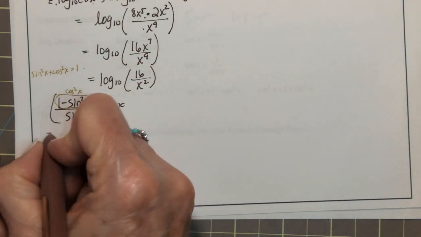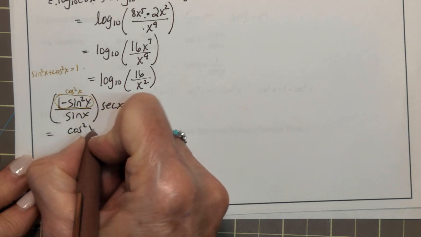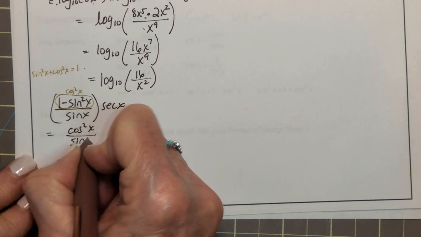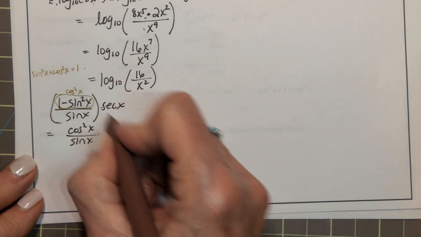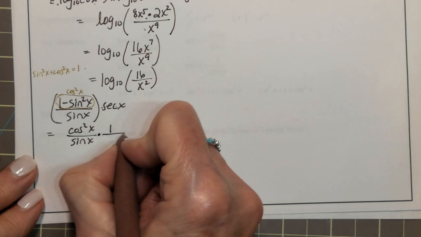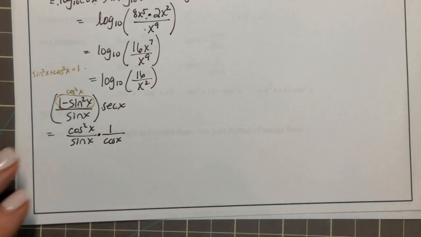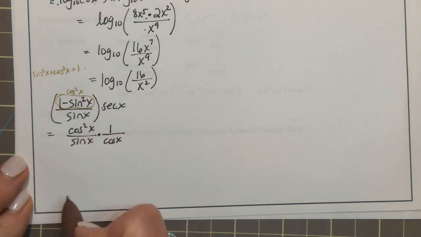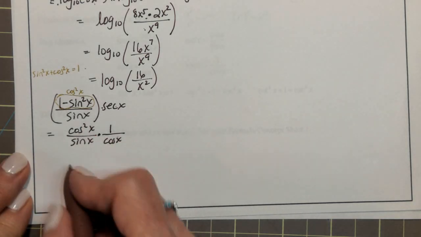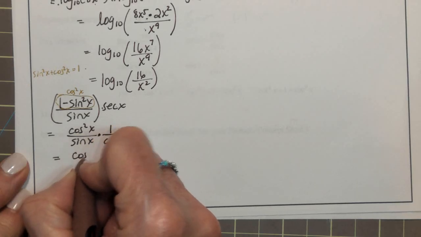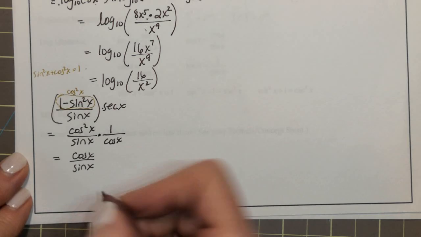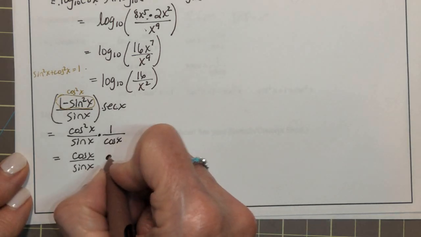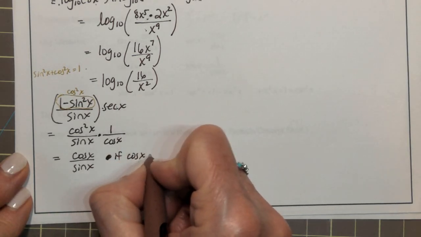So this is equal to cosine squared x over sine x, times secant x. Secant x is 1 over cosine x. I can reduce a cosine x and it becomes cosine x divided by sine x, as long as cosine x is not 0.